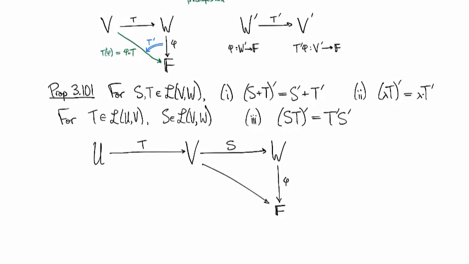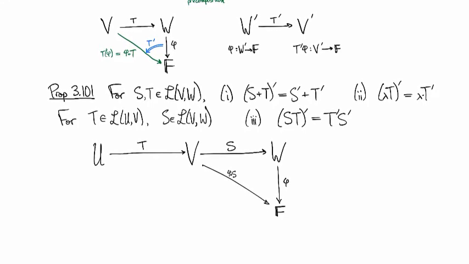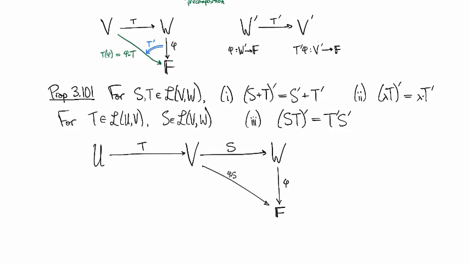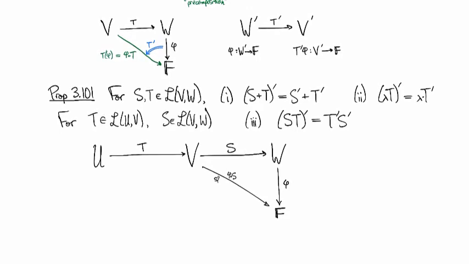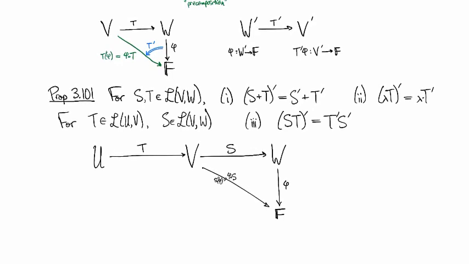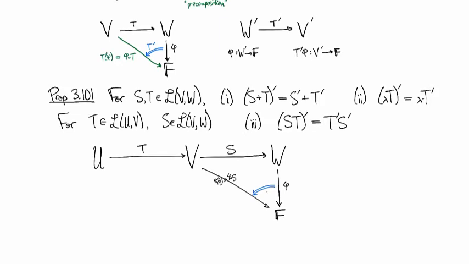So this is phi of S, right? So if we compose, then we're starting with something in V and ending with something in F. And that's how we define S prime of phi.